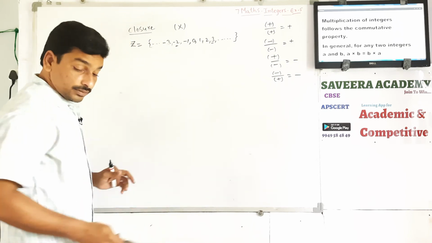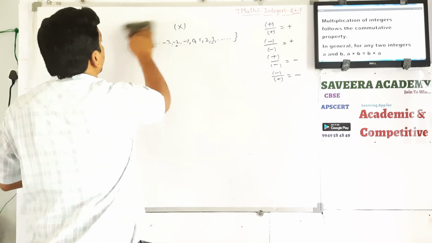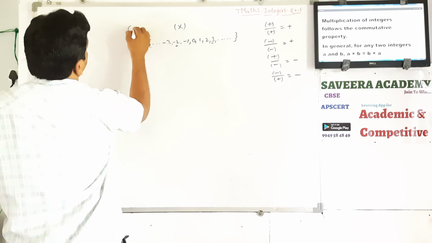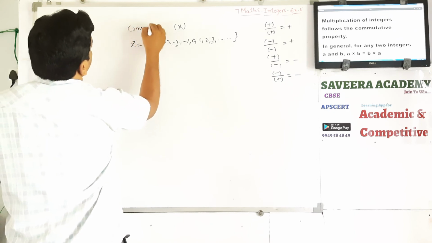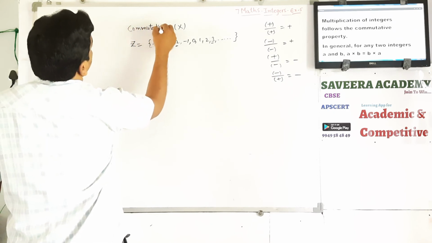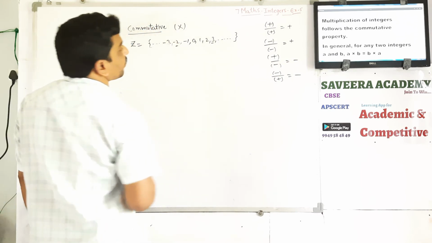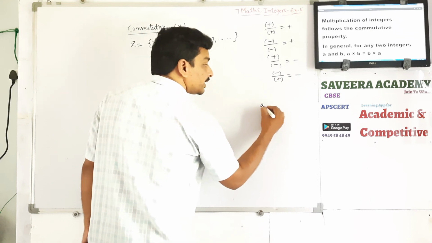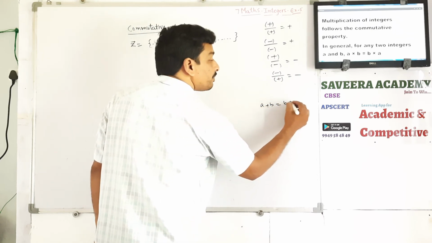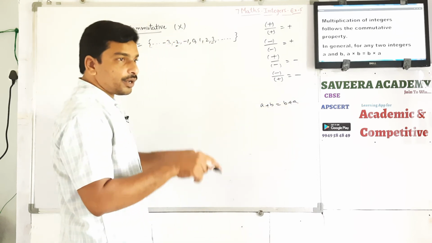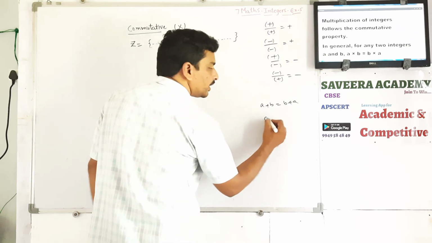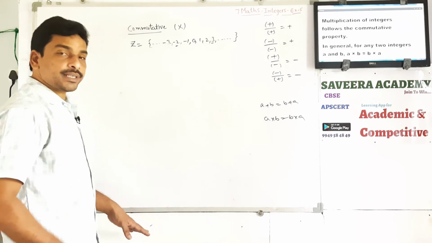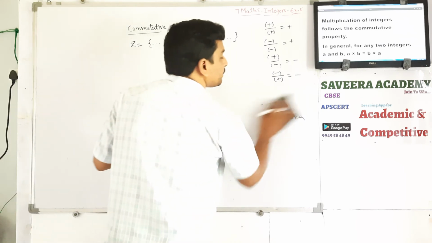Commutative property means, here see, in the last case we have seen a plus b is equal to b plus a, that is the commutative property. Now under multiplication, a into b is equal to b into a. If this happens, we say it follows the commutative property.